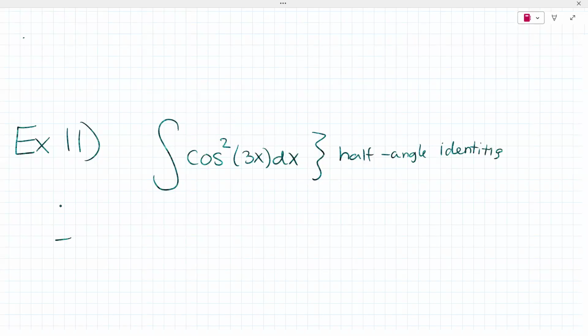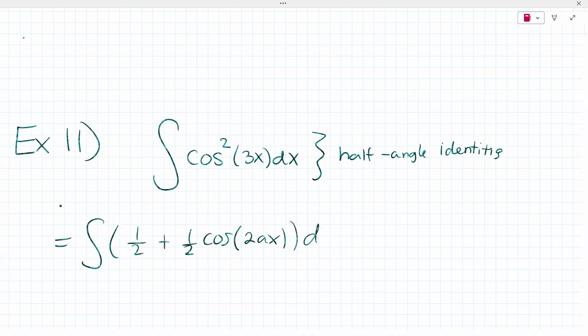So what is this half angle identity? It is 1/2 plus 1/2 cosine of 2ax dx. Right? So if you look at your rules, this is what this equals.